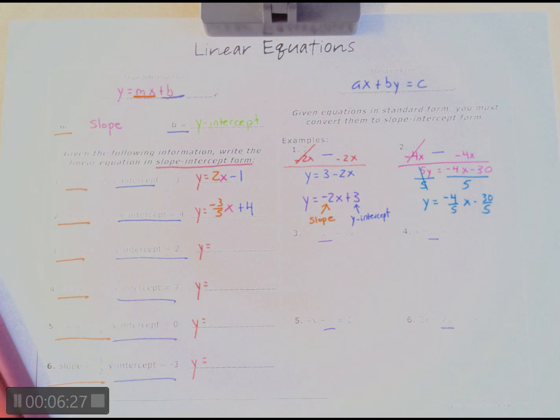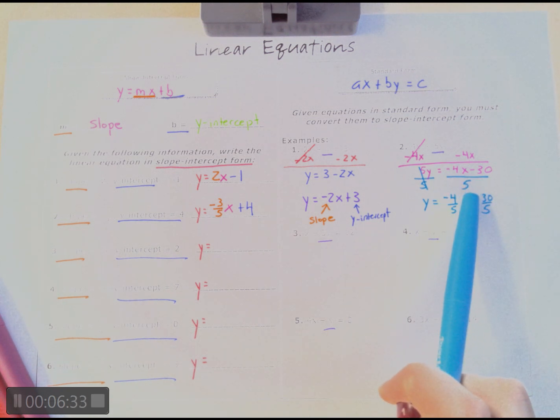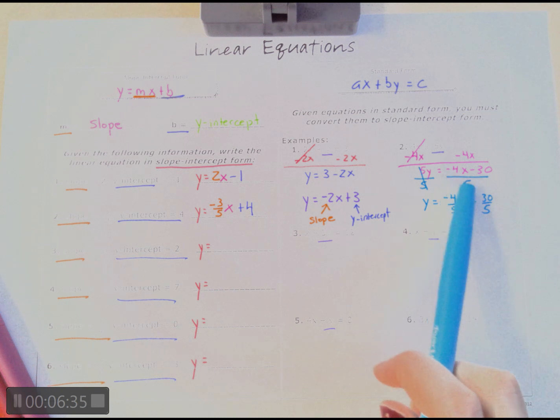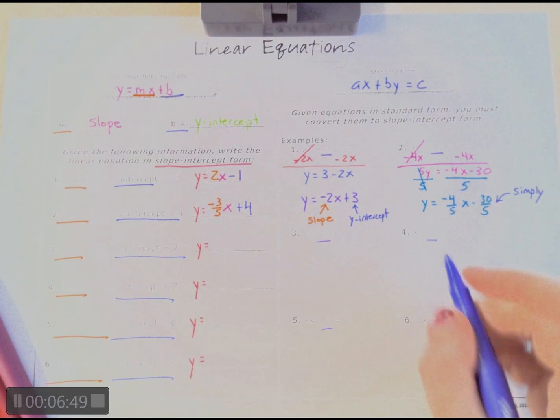Can I simplify anything? Oh, but real quick. So I had the negative 4x minus 30 divided by 5. So I just took the 5 and divided it by each piece. That's how I'm able to split it up. Makes things a little bit easier. But I can simplify the 30 over 5.